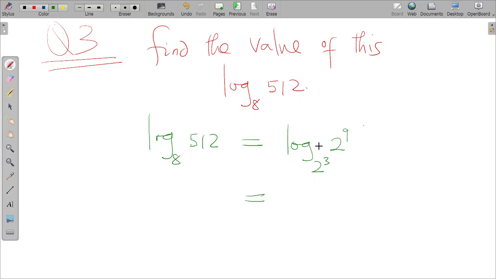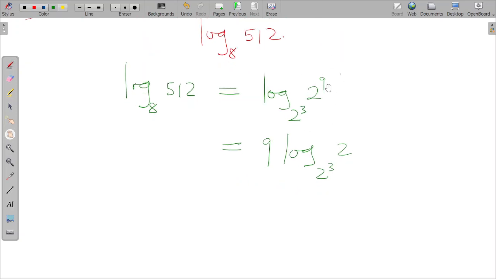All right, so we use the law of logarithm. This power can come down, so it becomes 9 log of 2, to base 2 raised to power 3. Now we have already released the power of the log, but what about the power of the base? When we release the power of the log, it just comes down to the front of the log, and it's multiplying the log.